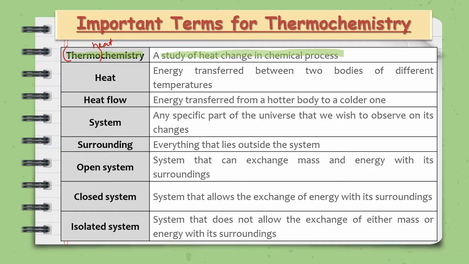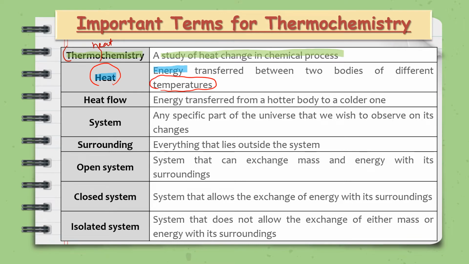Next, we have heat and heat flow. So, what is heat and what is heat flow? By definition, heat is energy transferred between two bodies of different temperature. Heat is a type of energy. So, you need to be able to differentiate between what is heat and what is temperature.